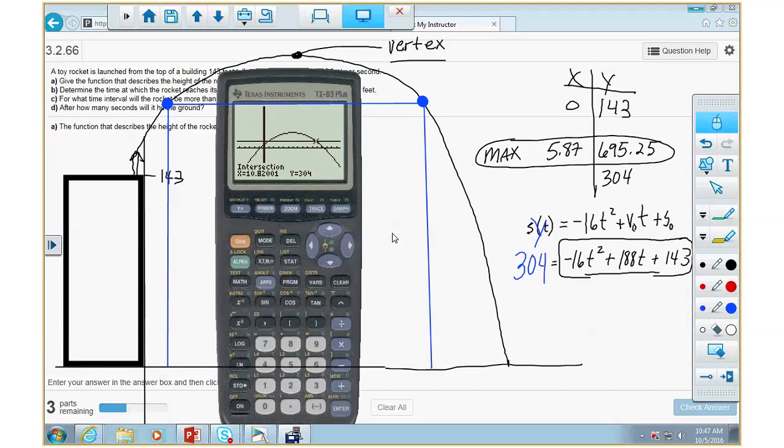So I've showed you two ways. If you did it algebraically, negative 16t squared plus 188t plus 143 minus what?